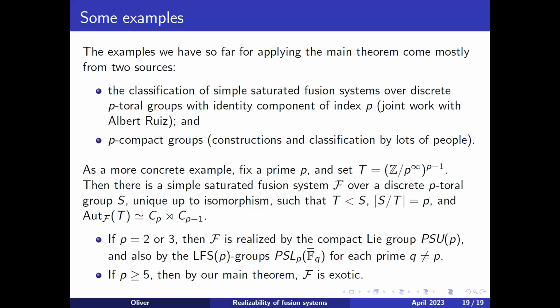But we showed in our first paper on fusion systems over discrete P-toral groups that each P-compact group has a fusion system, a saturated fusion system, which can be defined. Obviously it has to be defined using homotopy theory.